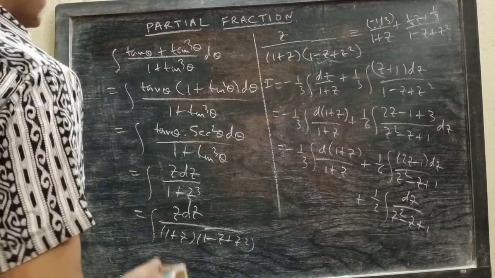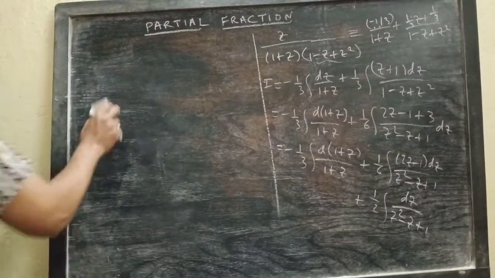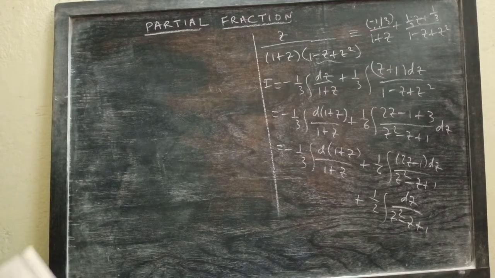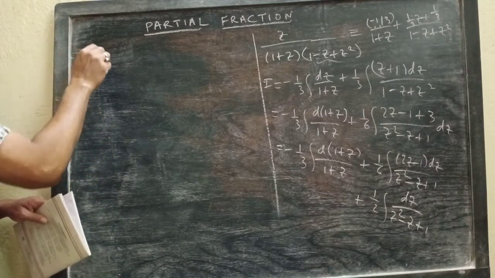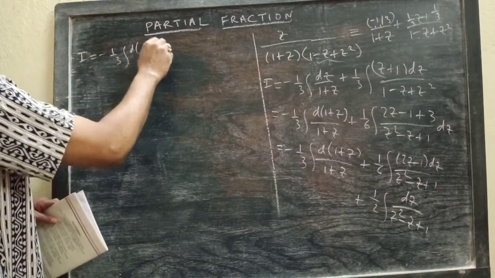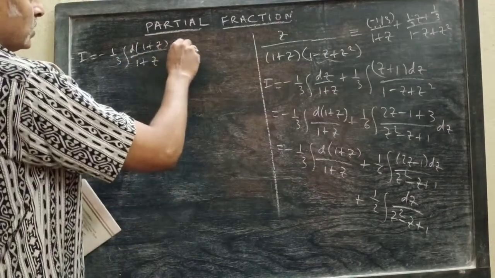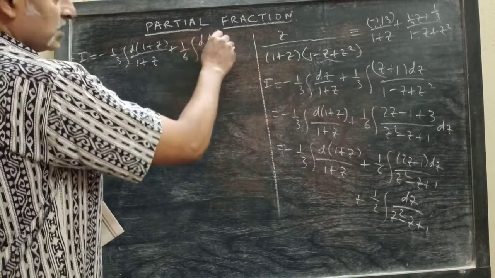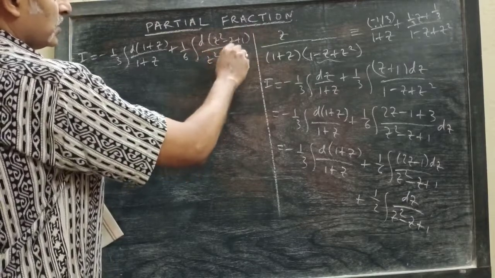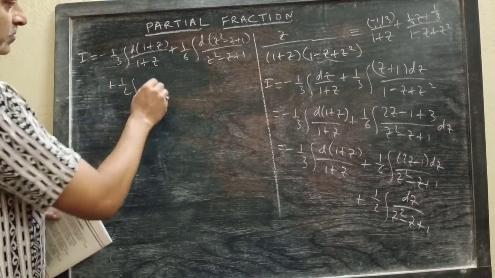Now I am erasing this part. These are long problems. We must carry at least 4 marks. I equals to minus 1/3 integration d of 1 plus z by 1 plus z, plus 1 by 6 d of z square minus z plus 1 by z square minus z plus 1, and then plus half integration.